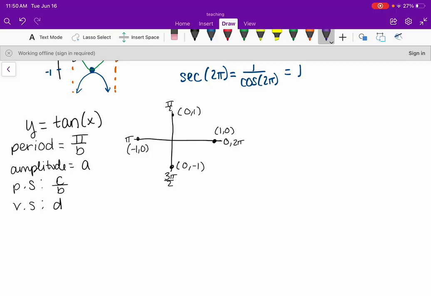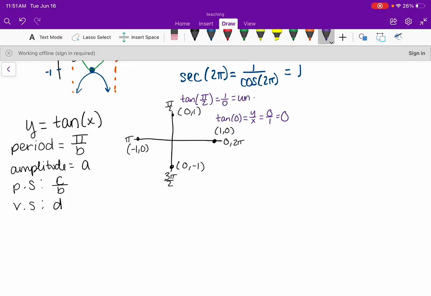So what I want you to see here for a moment is if I do at 0 radians, if I do my tangent, so tangent of 0 would be my y over my x. So that'd be 0 over 1. So here it equals 0. If I go up to pi over 2, tangent of pi over 2 would be 1 over 0.